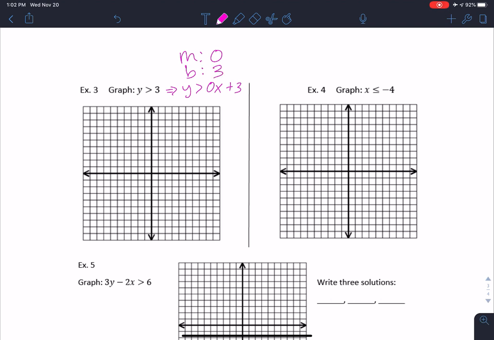So if you remember from our slope man, our 0 slope line is like his mouth. So we're going to go to 3 on the y-axis and make a point right there, and now we have a horizontal line across.